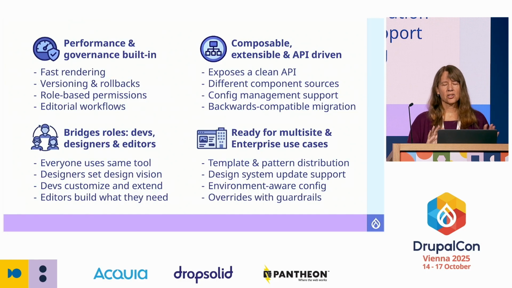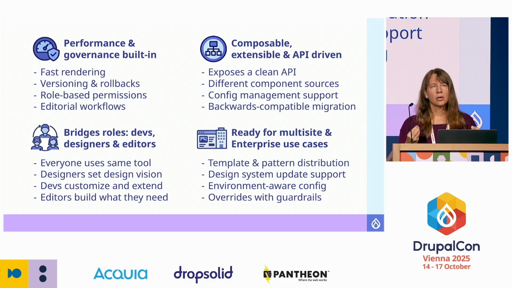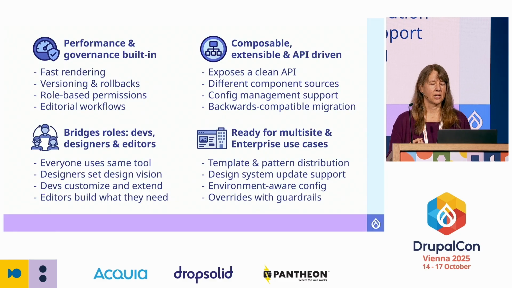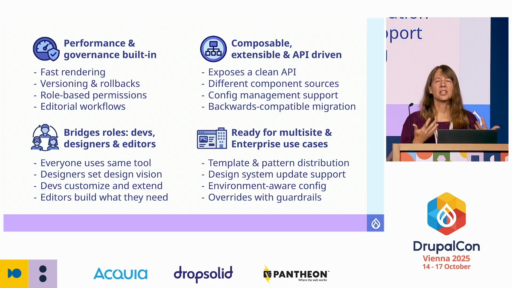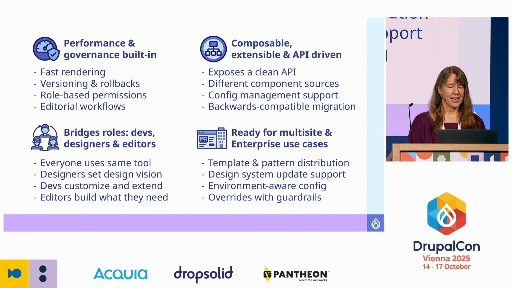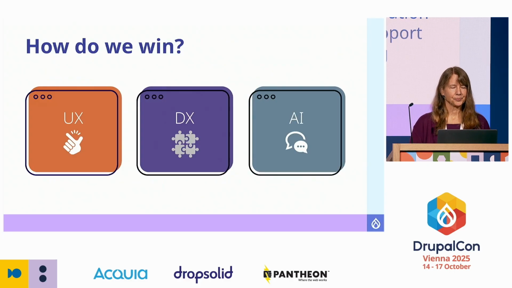This is all just part of who we are as a community, and that's what makes Drupal amazing, right? I'm not going to go through all the bullets, but you get the idea. It was basically telling me either stuff we've already built or stuff that's on our roadmap, and I was feeling very confident that we're going to build the world's best AI-powered page builder, site builder.